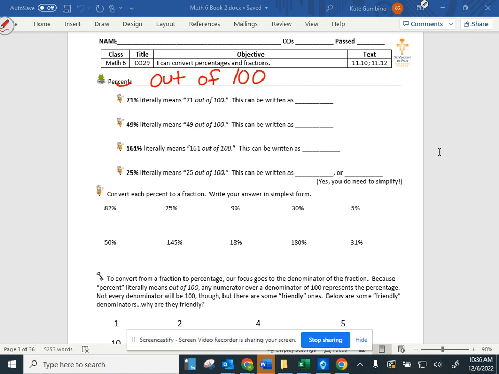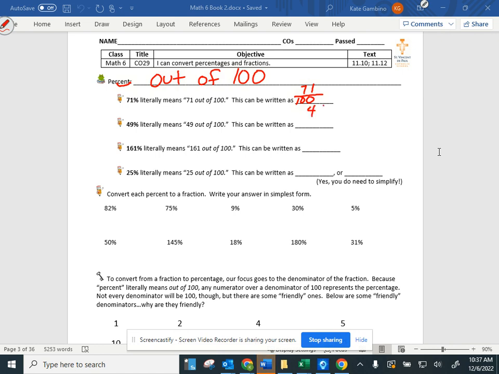So percentages, remember 100. So 71% literally means 71 out of 100. So this can be written as 71 100ths. 49% literally means 49 out of 100.